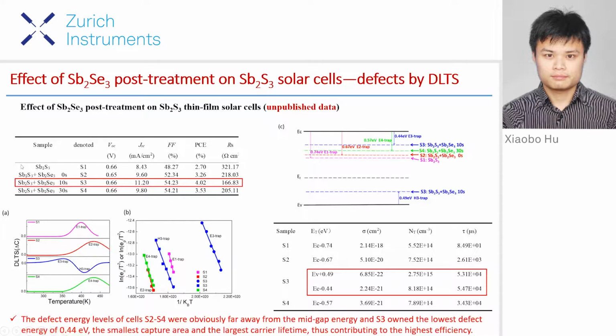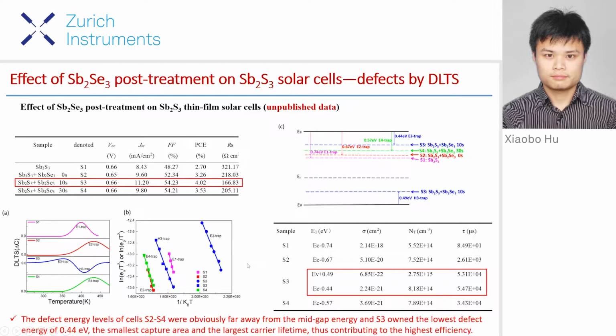There are 4 samples with different thickness of antimony cyanide on the backside of antimony sulfide. We use the DLTS system to measure the spectroscopy and get the linear plot, and we finally get the properties of the defects.